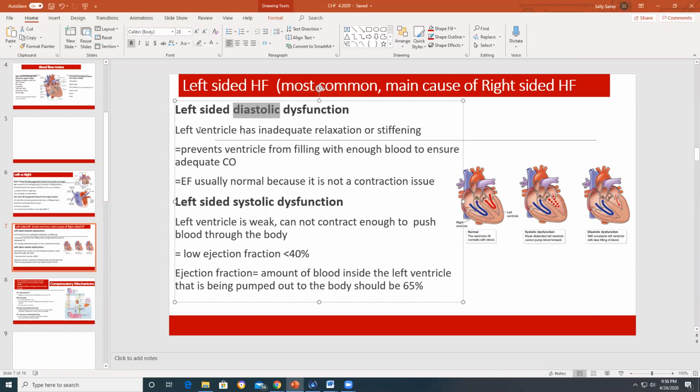And so in our left-sided diastolic, the ventricles have inadequate relaxation or might have some stiffening.